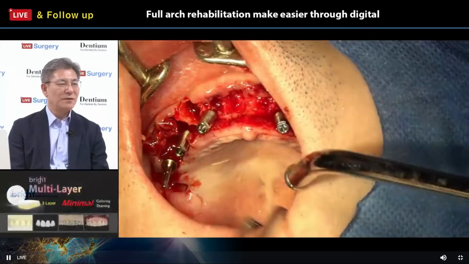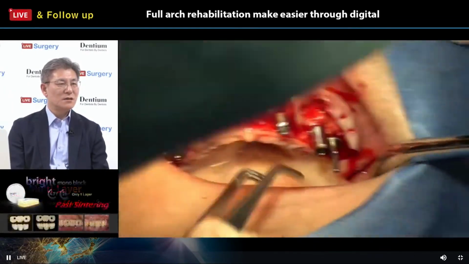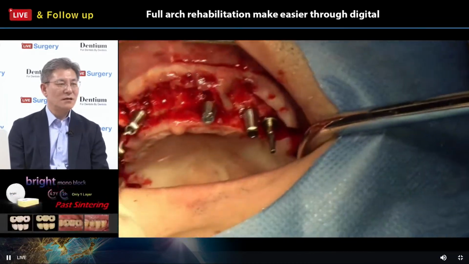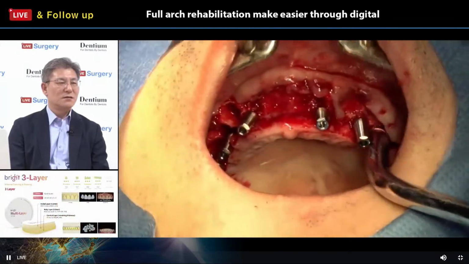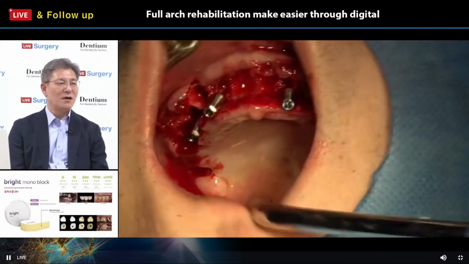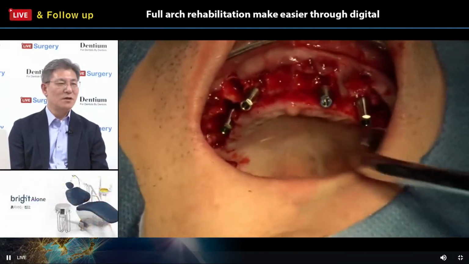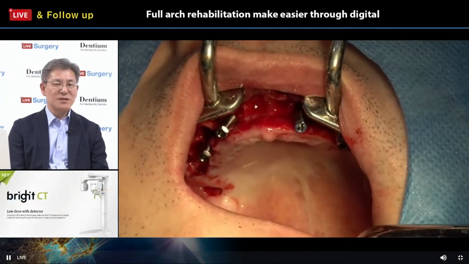Okay, healing cap connected, and we need two more implants, number 15 and 25. Actually, both of them involve the sinus floor, and we need the sinus procedure.